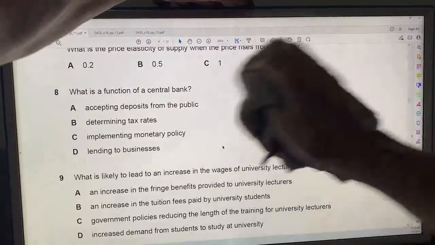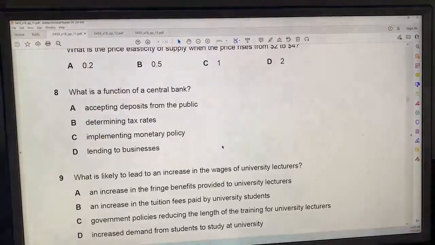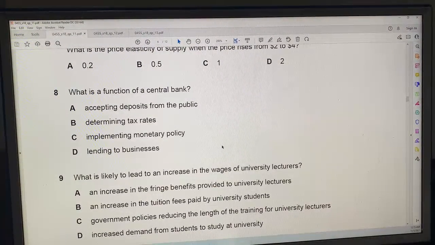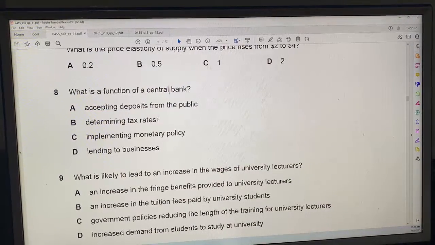Number 8, what is a function of the central bank? Accept deposits from the public. No, you cannot deposit your money in the central bank. Central banks do not determine tax rates. The government does.